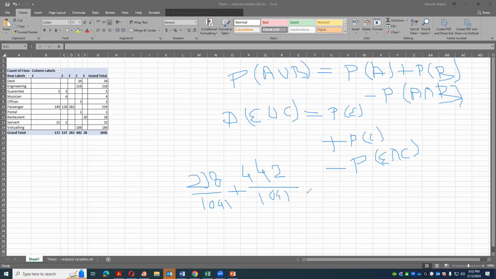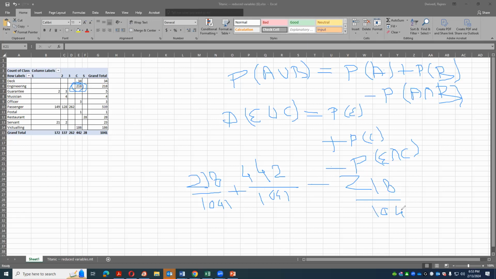Now we have to find the probability of what is common in both. What is common in both? C and engineering. This is the common thing: minus 218 divided by 1041.